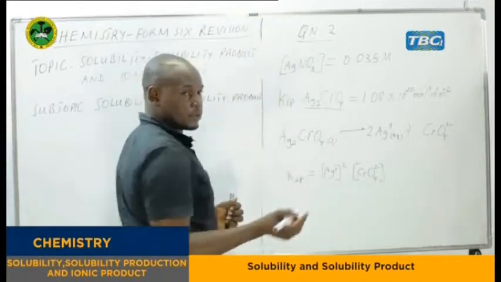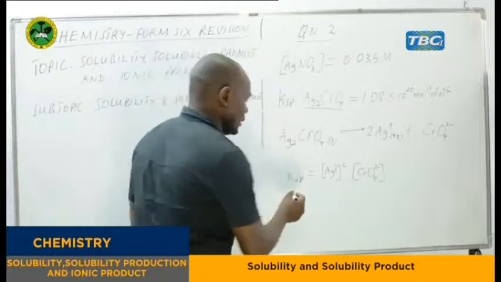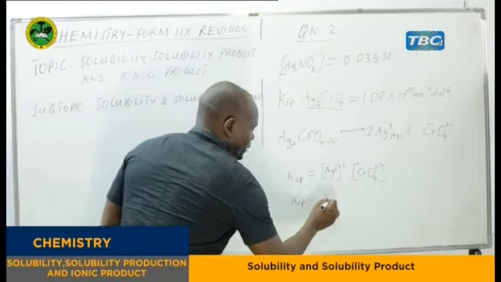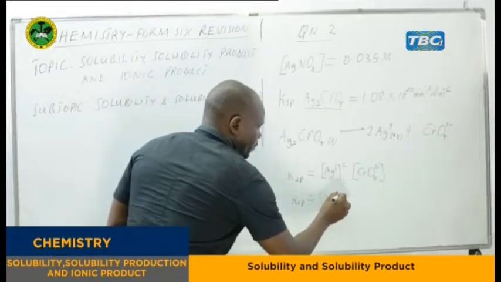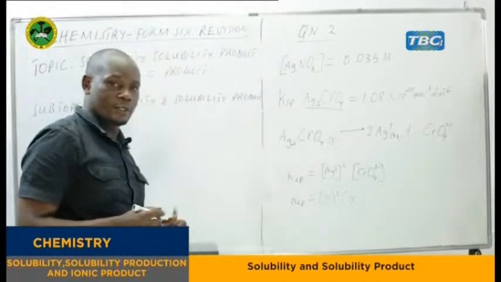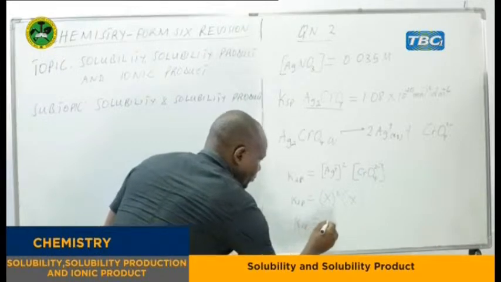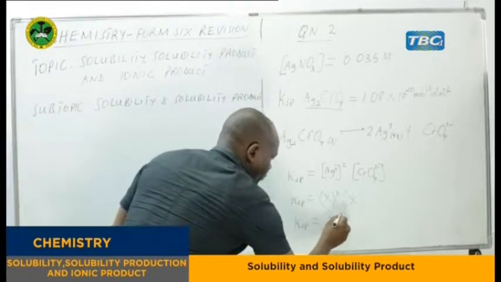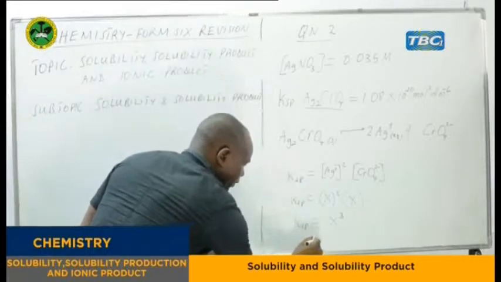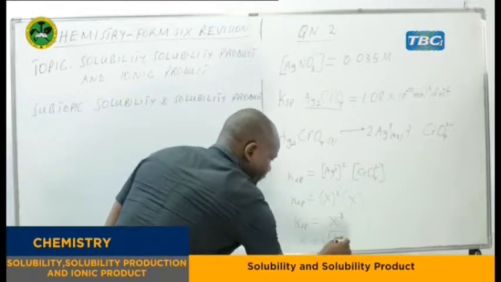Let the solubility of silver chromate be X. If we let the solubility be X, then Ksp will be equal to 2X squared, times X, the solubility of chromate ions. So here Ksp will be equal to 4X cubed. So to find X, we take the cube root of Ksp divided by 4.